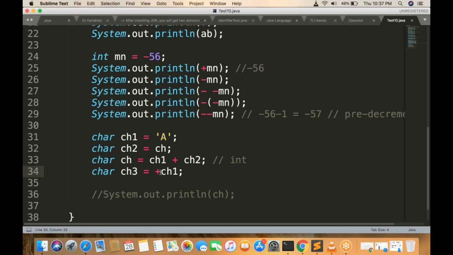It is not valid because the type of this ch is char type. You are using a unary operator. If the type of the operand is int type or lesser than int, in that case the result type would be int type, and if the result type is int type, you are trying to assign into char ch3, char type, right? So it is not possible. It is invalid, and the previous one is also invalid.